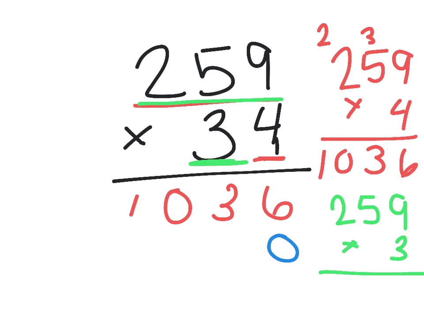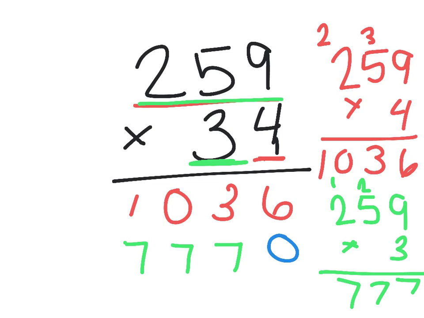I'll multiply my 3 times 9 to get 27. Carry my 2. 3 times 5 is 15 plus 2 more is 17. Carry my 1. 3 times 2 is 6 plus 1 is 7. So 7, 7, 7. So I'm going to plug in my 7, make sure I'm lined up and I'm not missing any places. My value, okay?